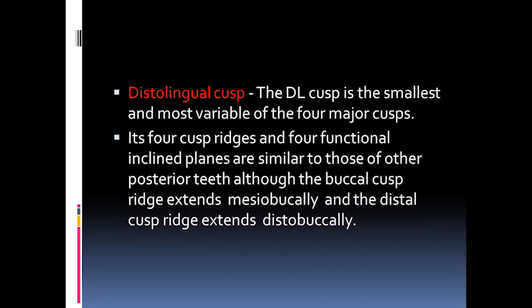Distolingual cusp. The distolingual cusp is the smallest and most variable of the four major cusps. Its four cusp ridges and four functional inclined planes are similar to those of other posterior teeth, although the buccal cusp ridge extends mesiobuccally and the distal cusp ridge extends distobuccally.